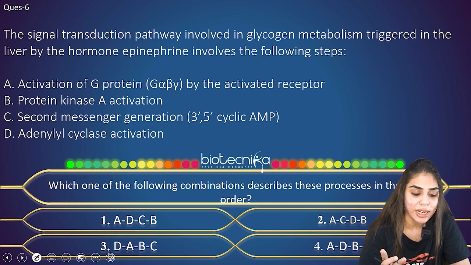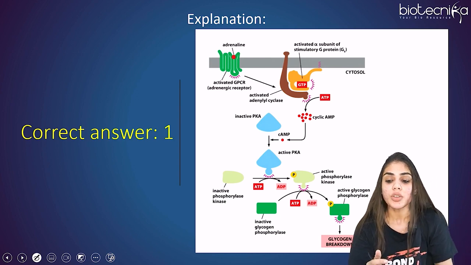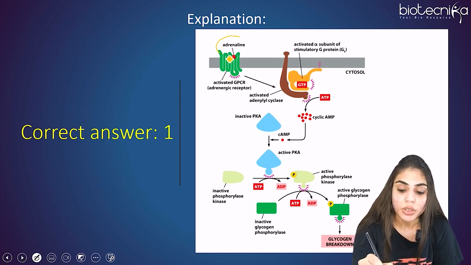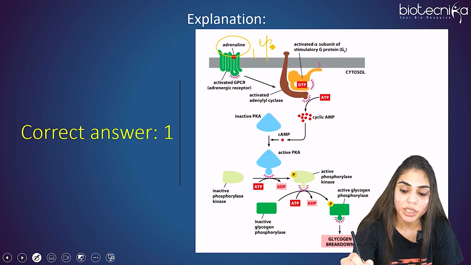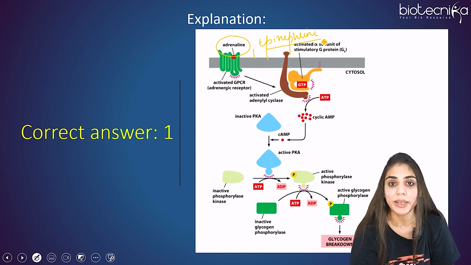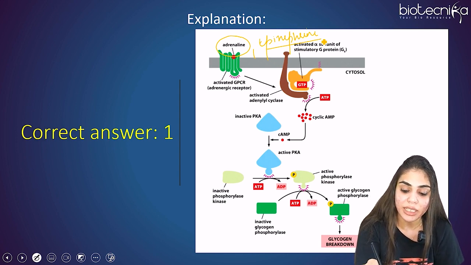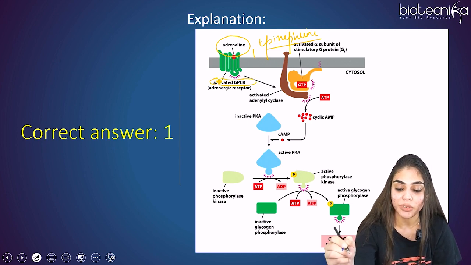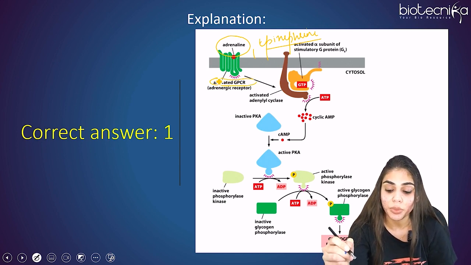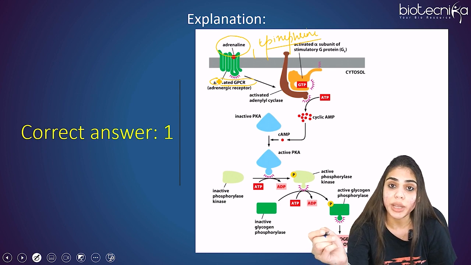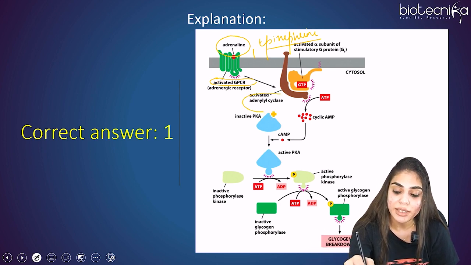Let's understand this with the help of a diagram. Here you can see adrenaline; imagine the epinephrine hormone given in the question. Once it binds to the GPCR, a serpentine seven-transmembrane or multipass receptor, the receptor is activated. It will activate the G protein, which ultimately activates the adenylyl cyclase enzyme.